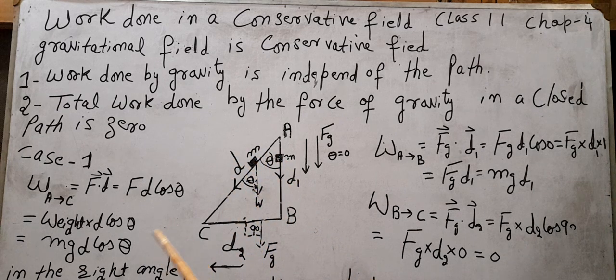Now we apply the formula for the work done in moving the body from A to C. Again, the angle between these two vectors is equal to theta, and our weight is equal to mg, and our final formula comes out as mg d cos theta.